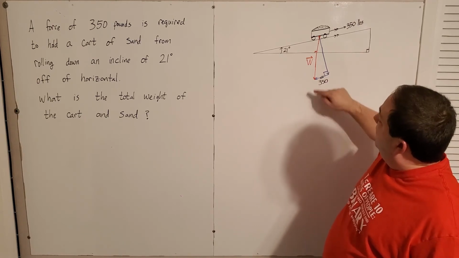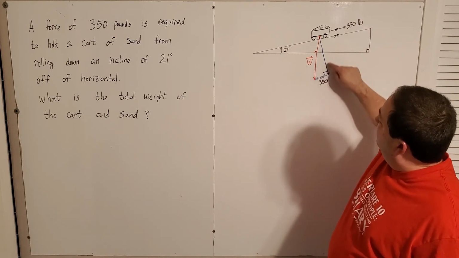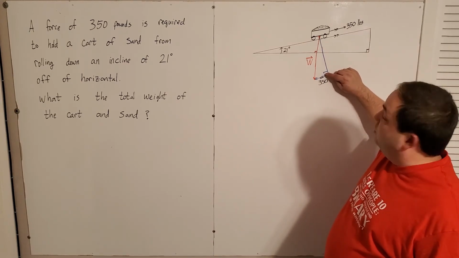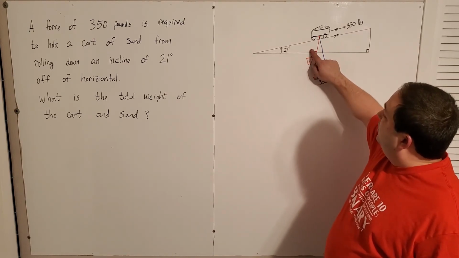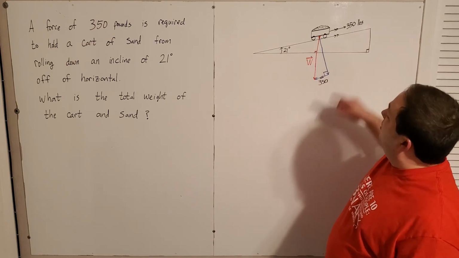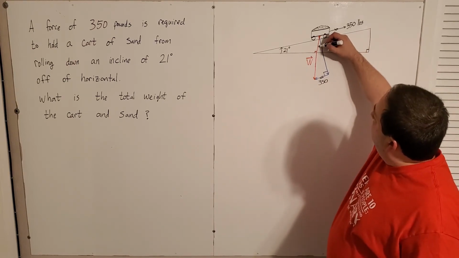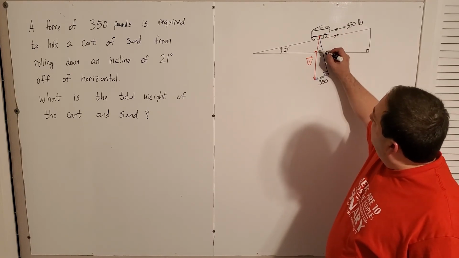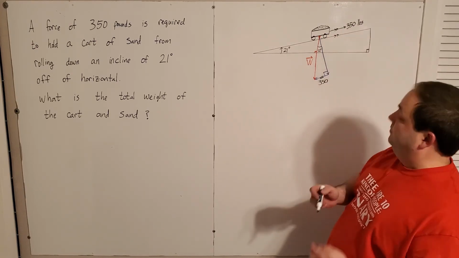The reason that's important is so that it fits a Pythagorean setup. But also, if I'm forming a right angle here, in conjunction with the right angles that are here and here, I can show that this angle right here is equal to the angle of the incline, 21 degrees.